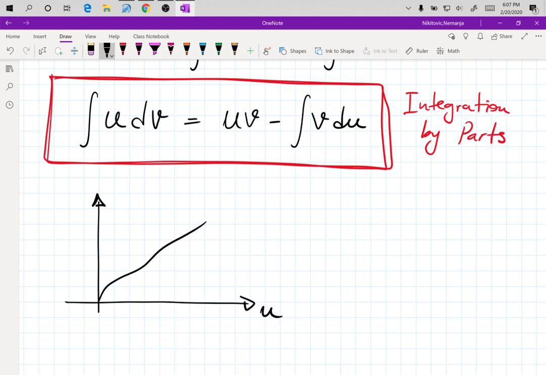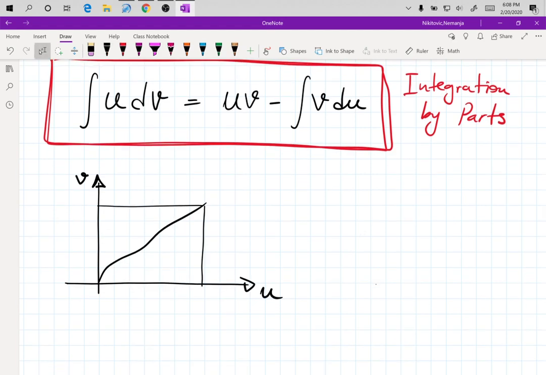And this is your u-axis and this is your v-axis, and you come up with some limits for integration. This function here, so this over here would be du, and this over here would be dv.